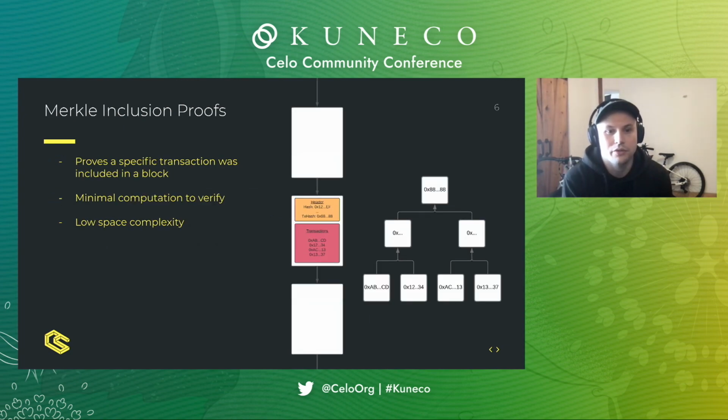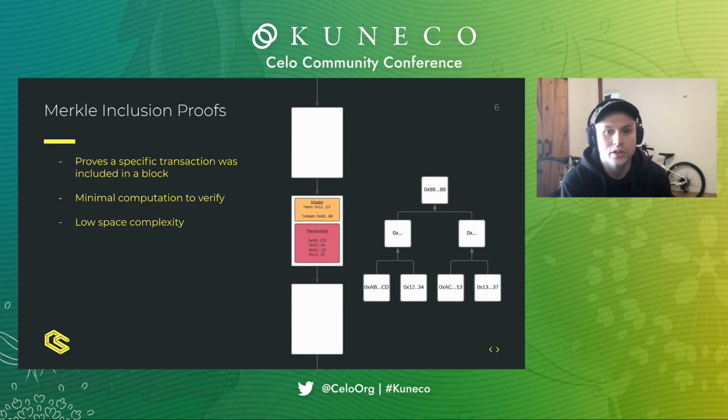So just to give a bit of information on how these actually work, we can use a Merkle proof to effectively show that a transaction is included in a block. Each block that's produced contains the root hash of what's known as the transaction trie, which is a Merkle trie constructed for each block consisting of all the transactions that are included in it.